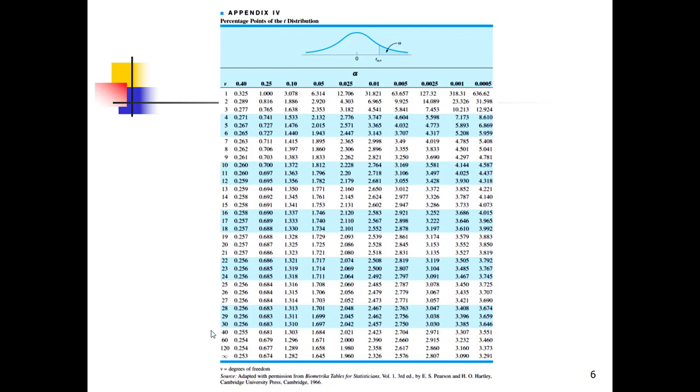I'm talking about this part, 50 here, we don't have it, so we cannot easily find the area on the left. Let me see, maybe I can find some other values here. Just give me one second. So we cannot use the t table.